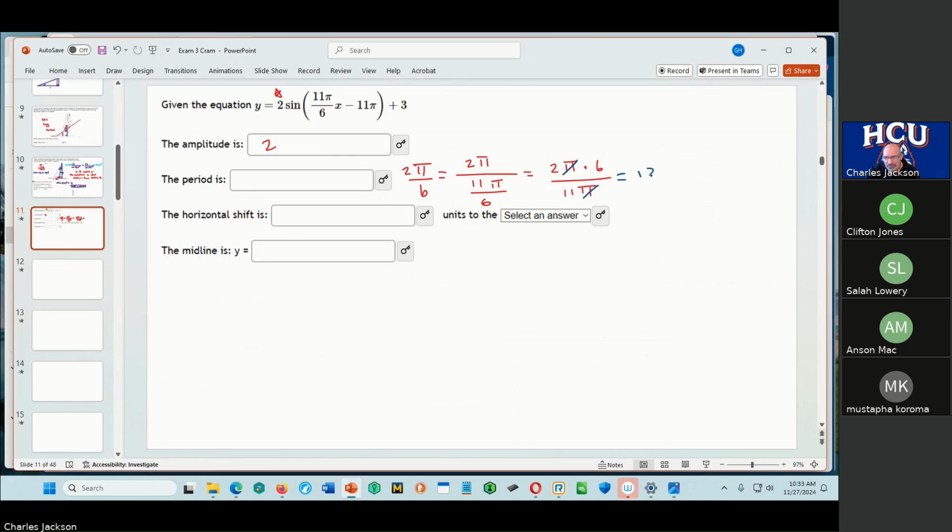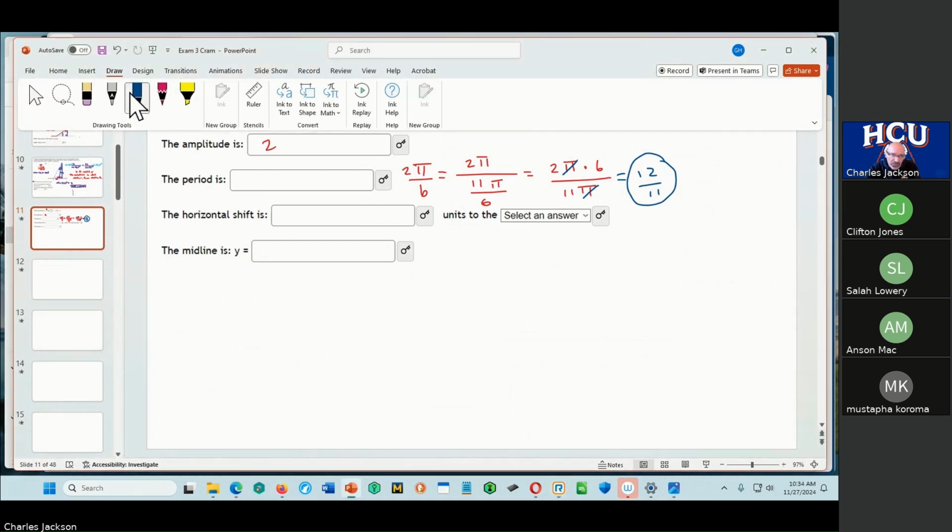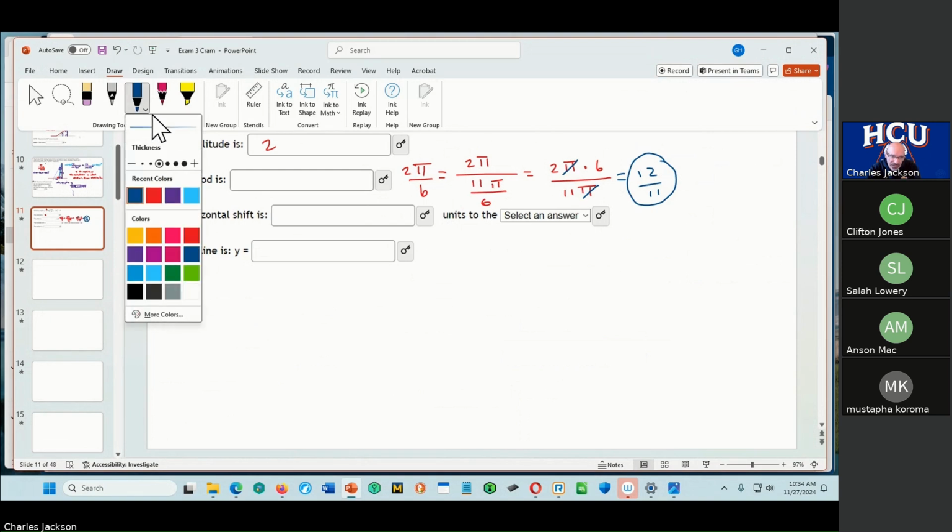12 over 11. Horizontal shift. Now, hopefully you were in class when we did these, and there was a lot of confusion about it.